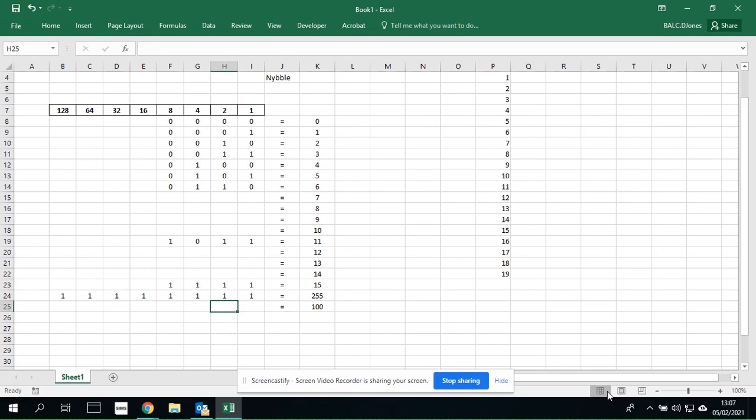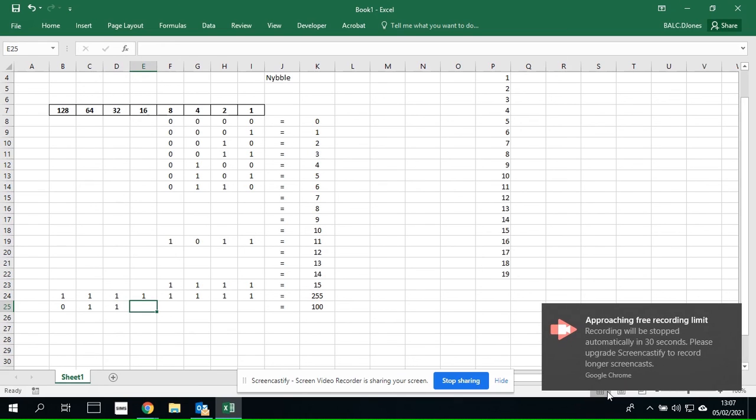If I said 100, then of course there's going to be no 128. There is a 64, so 64, 1 is 65, and that's 35, that's 36, isn't it? So 36 left, and there's a 32, 4 left, so 0, 0, 1 in the 4, 0, 0.